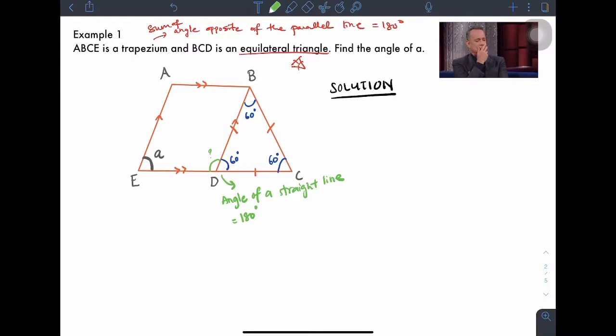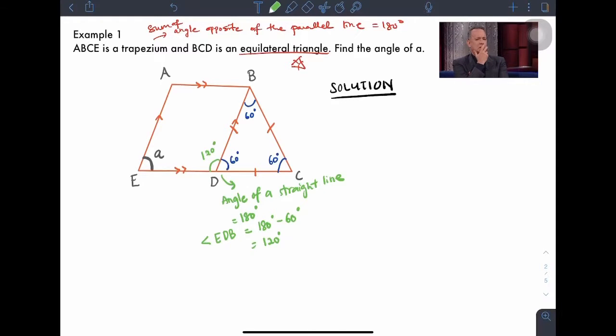To get angle EDB, we simply take 180 minus 60 degrees, and you will get 120 degrees.